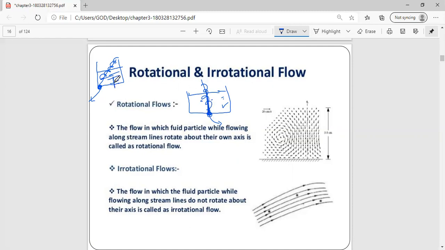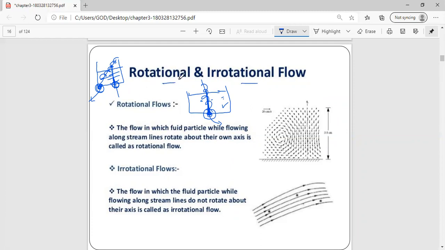Here also the mass center is the center, but the whirling flow is not going about this point. It is going about your hole. Catching my point? Here, the hole is at the mass center. That's why the fluid is going about the mass center. Okay, that's why there are two types of fluids.